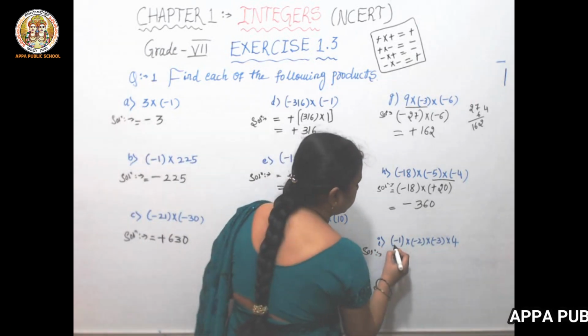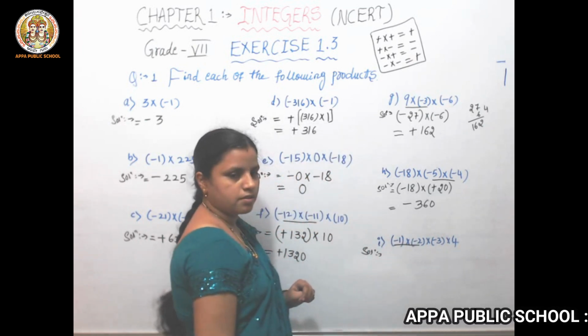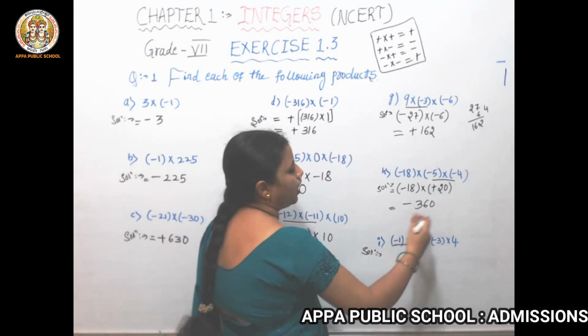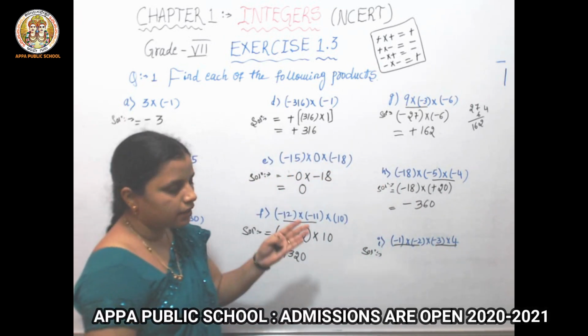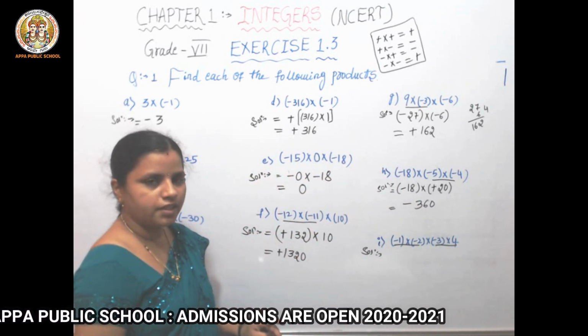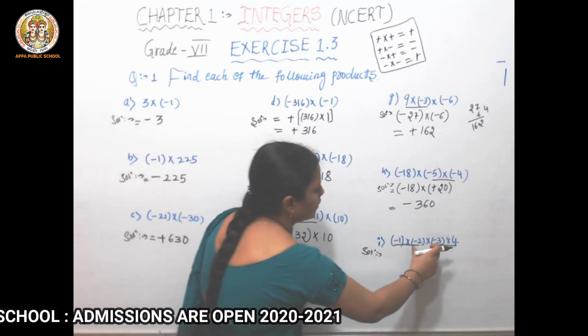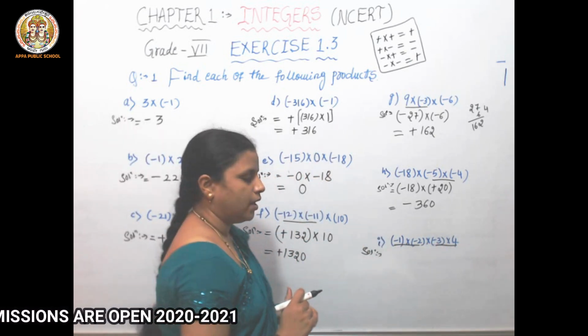The next one, you see, here 4 numbers are there. First you have to multiply these two numbers. You will get the product, and afterwards you multiply these two numbers. You will get one more result, and after that the combined result you have to multiply.